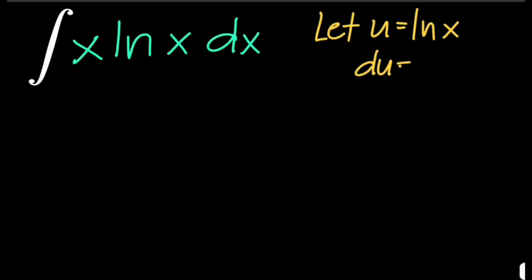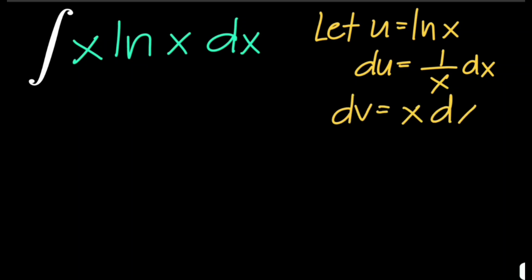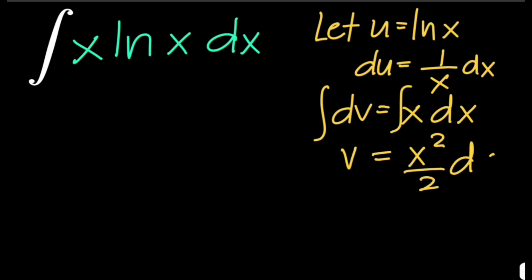Then du, the derivative of ln of x, is 1 over x dx. Then dv here is just x dx. Then we integrate to solve for v. V is just equal to x squared over 2.